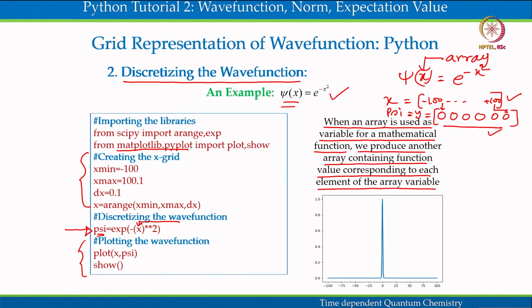Once we have represented a wave function, here we have taken an example of a Gaussian wave function, we can go ahead and normalize the discretized wave function. We will continue learning how to represent the wave function, and how to normalize a discretized wave function in the next session.